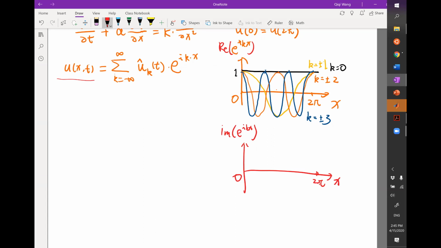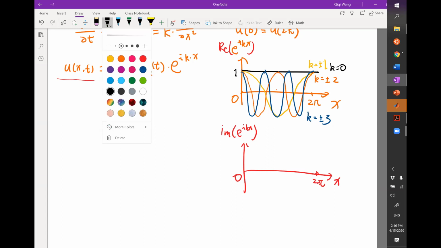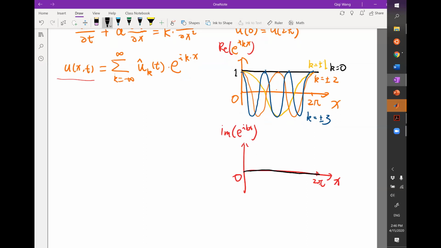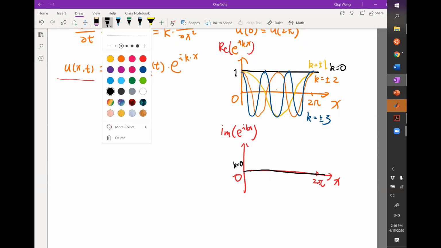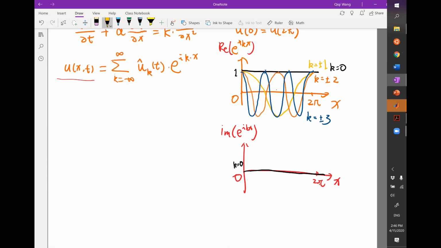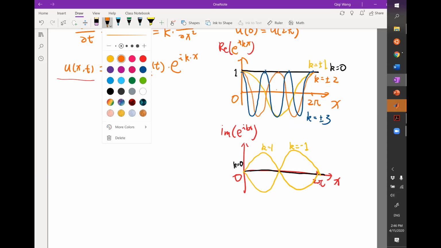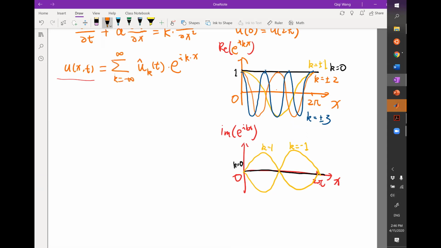When k is equal to 0, we have 0, so k equal to 0 doesn't contribute to the imaginary part. When k is equal to 1, we have this, and k equal to minus 1 we have the opposite. The rest has a one-to-one correspondence with the cosine terms.